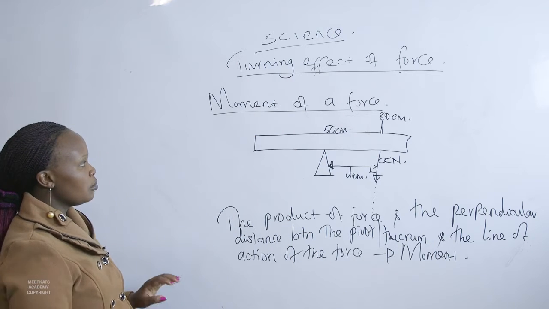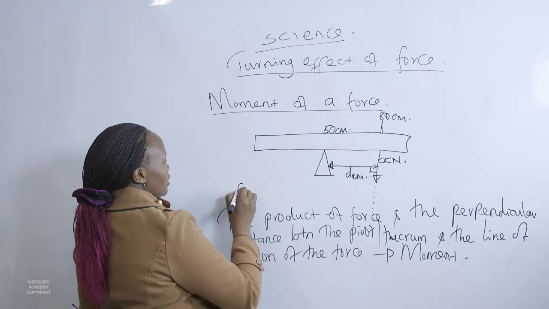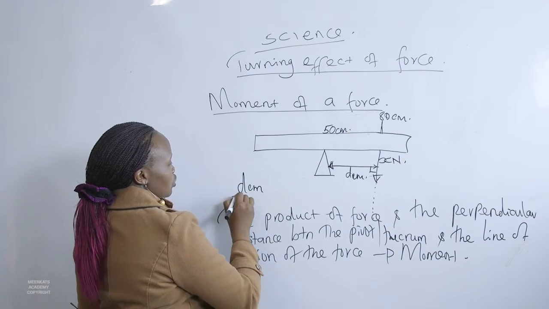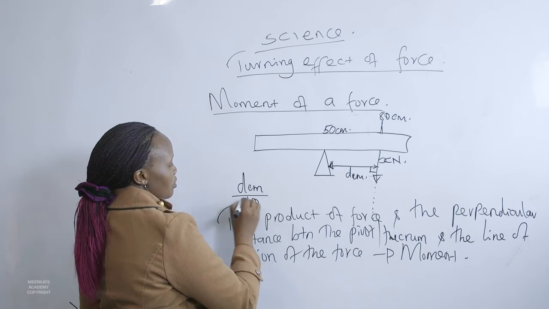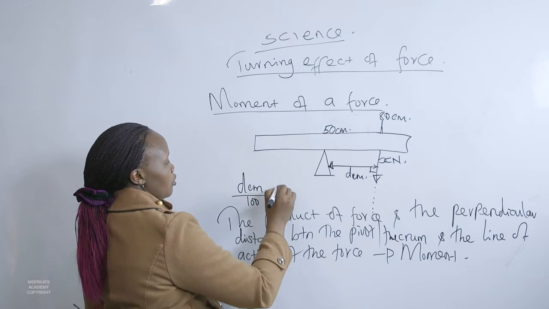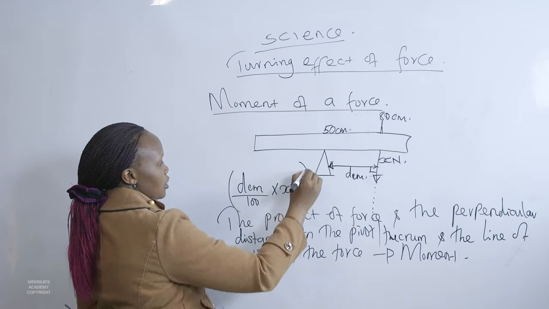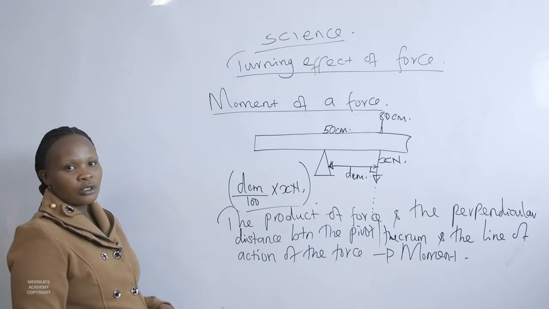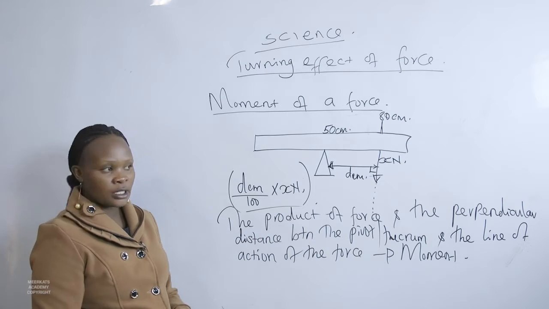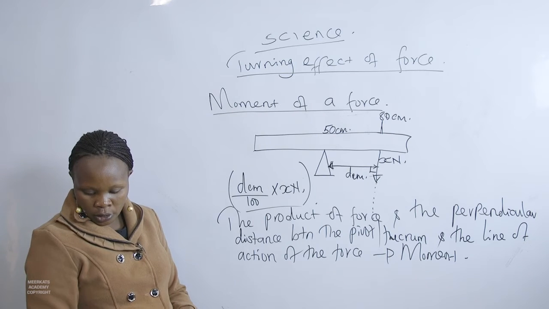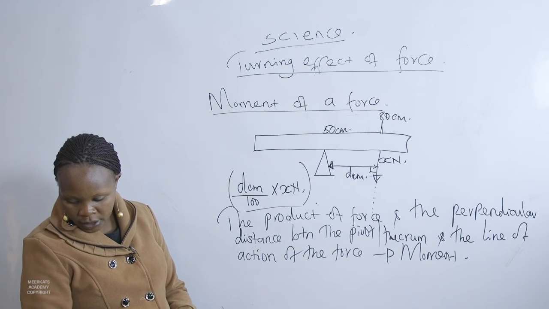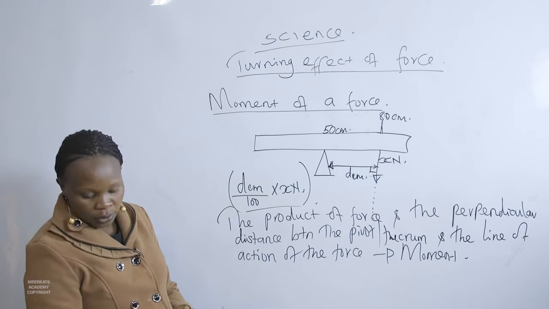So here, for example, we are going to take our D centimeters, change it to meters by dividing by 100, then multiply by the magnitude of the force, which is X newtons, and the product should result in the moment of the same. Let us take an example or two.